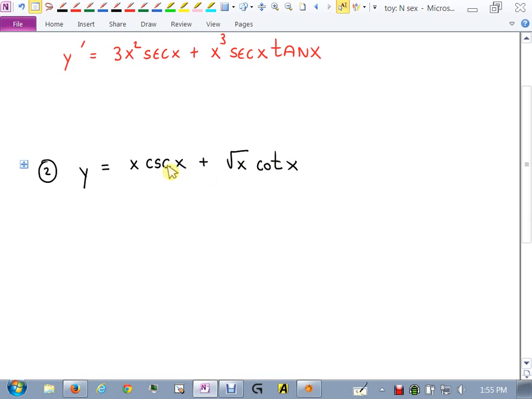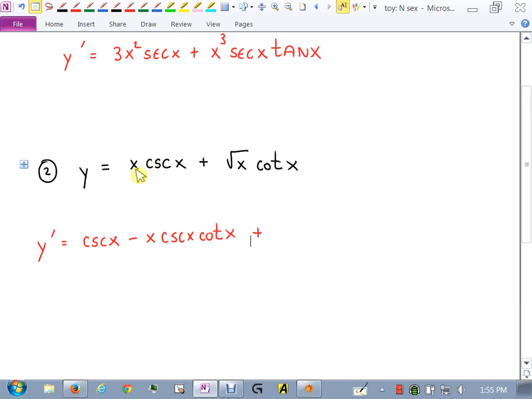You had 2 product rules. You had to do separately and then add the answers together. So go ahead. Cosecant x minus x cosecant x cotangent x. Then here's your plus. Now we're moving on to this one.